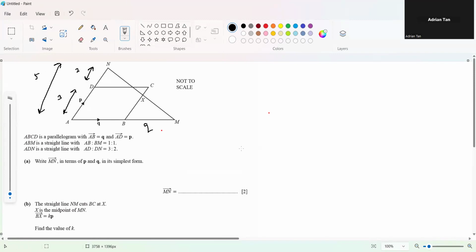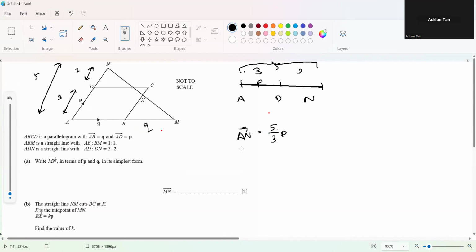So if you want to create something for our DN here, what we can do is that usually I will just write it in a straight line like that, a little bit easier to see. So this is AD and N. So if AD is 3 parts, DN is 2 parts, and this is P, the whole thing is 5. So I can write this in terms of AD. So I know that A to N is 5 out of 3 P, right?